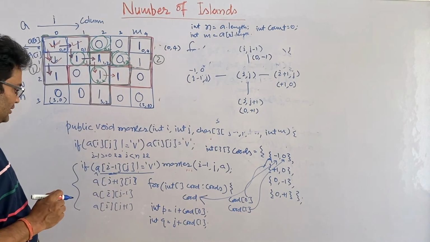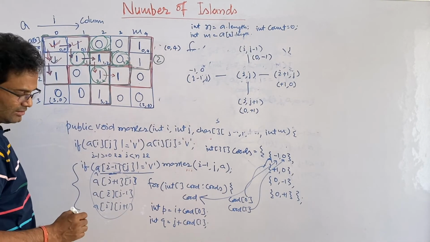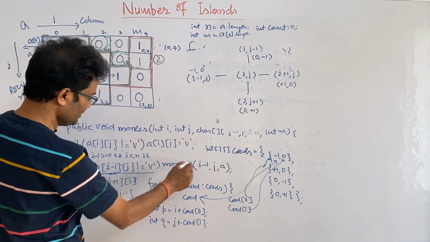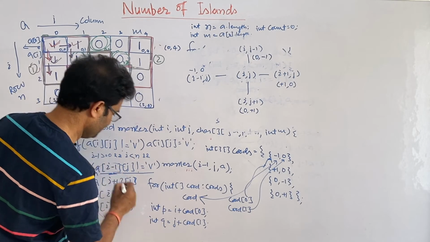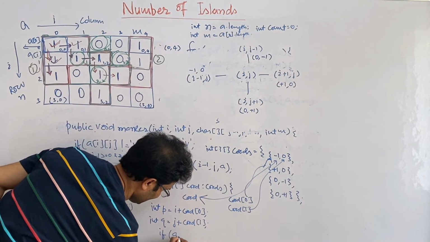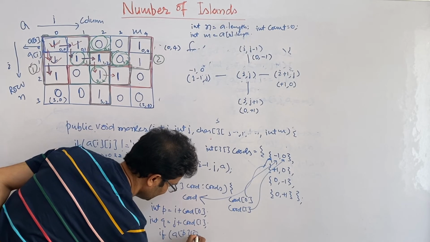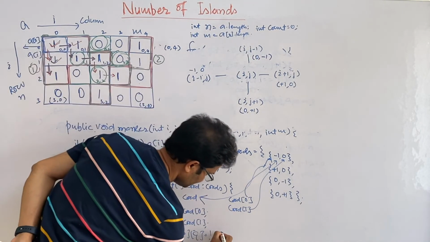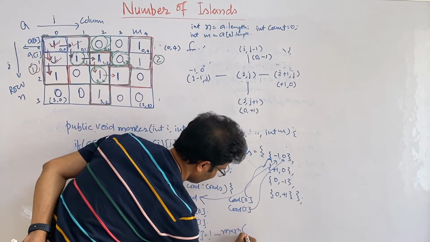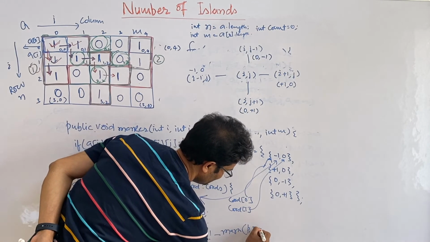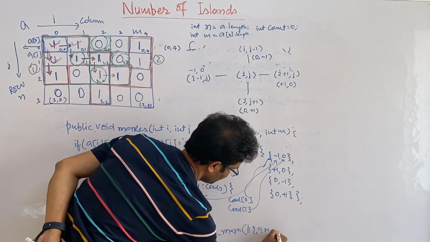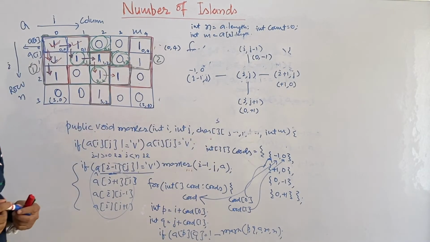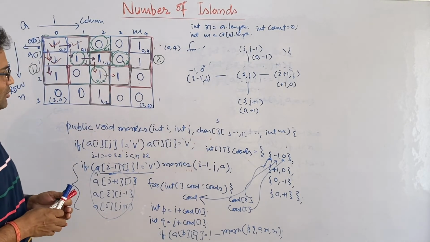So you got p and q, then no need to do all those things, right? Then simply I will say: if p and q is not visited, then call the same method marker with p, q, a, m and n. So it will make the code easy, right? So let us go to the code and see how it works.